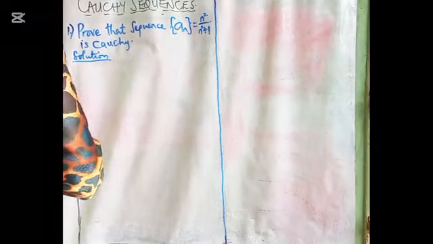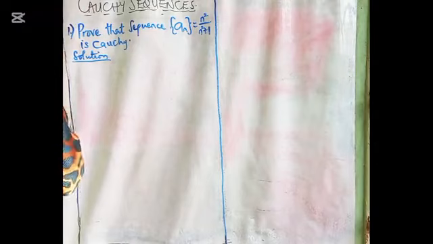The first thing we have to do is to recall our definition of Cauchy sequence.